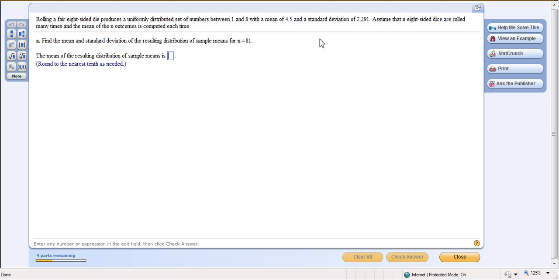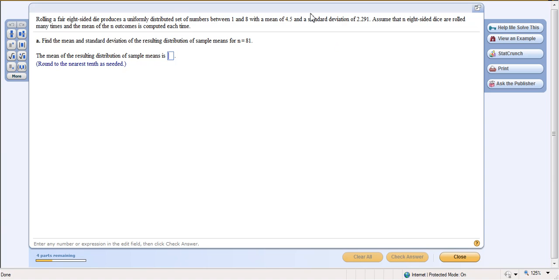Now, they say assume that n 8-sided dice are rolled many times, and the mean of the n outcomes is computed each time. So in other words, you could roll them one at a time. Say you'd want to roll the die 10 times and find out what the mean number is. So it might come up a 2, might come up a 7, might come up a 3, might come up an 8 each time you roll that.